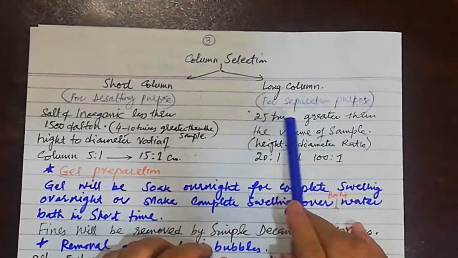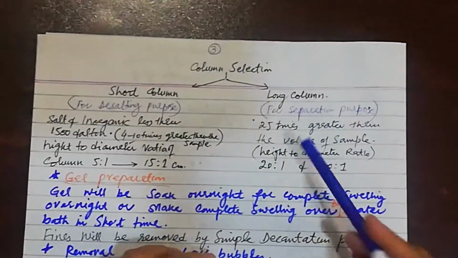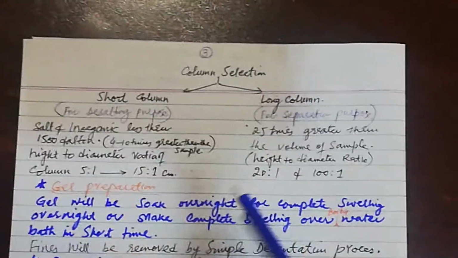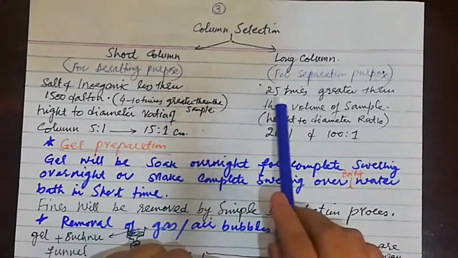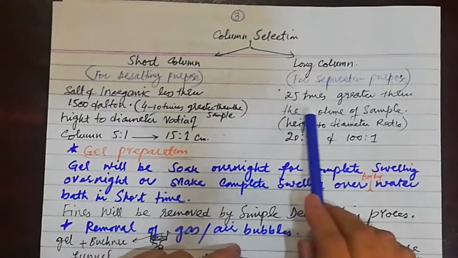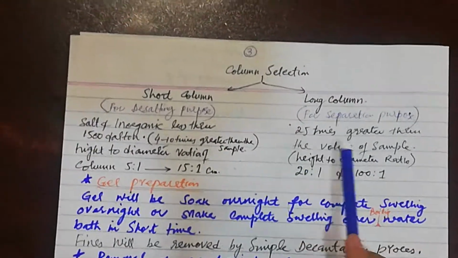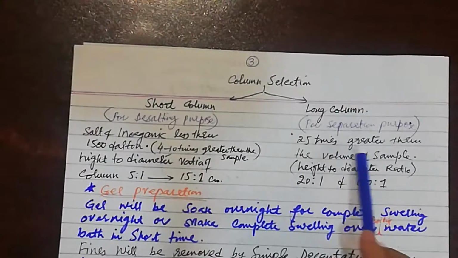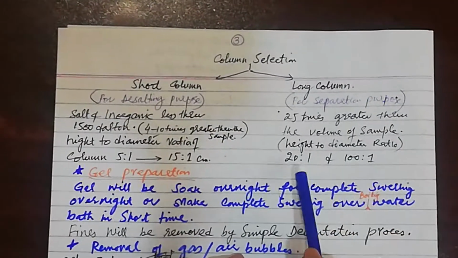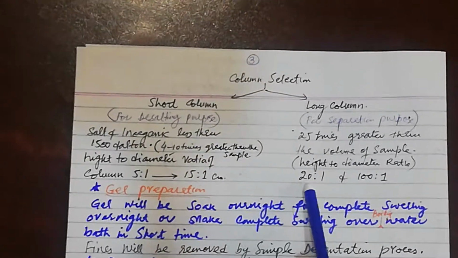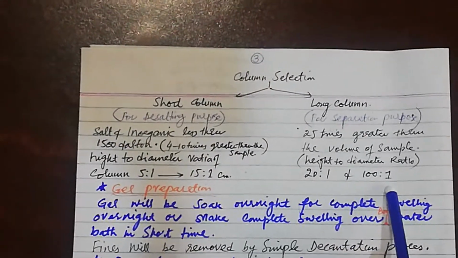Long columns are usually used for separation, like the separation of proteins of different sizes. The column volume is 25 times greater than the volume of the sample, and the height to diameter ratio of these long columns will be 20:1 or 100:1.